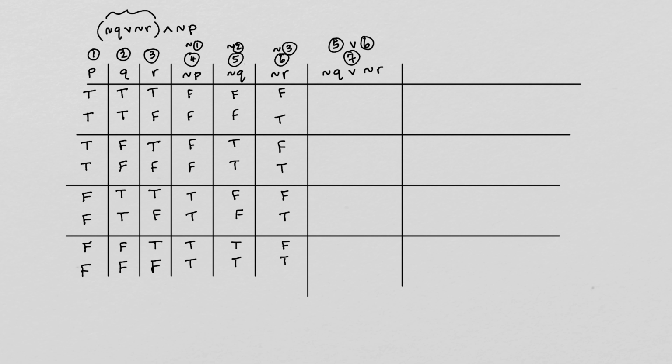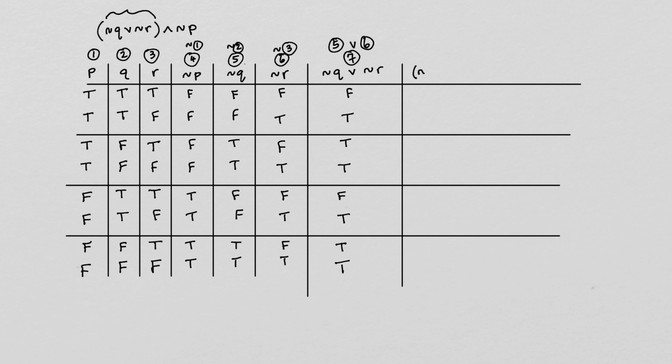For or, I know that false or false is false. Everything else is true. So we have a false, true, true, true, false, true, true, true. Okay. Now we're ready to do the whole thing.